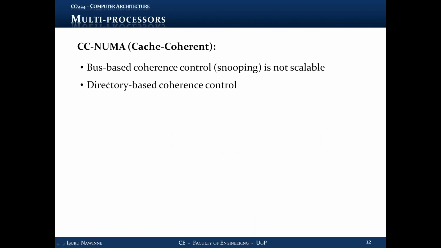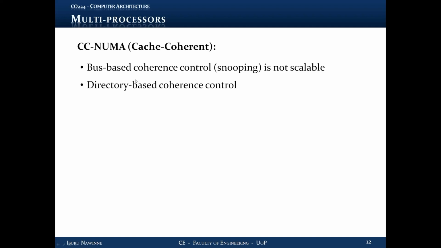We said earlier that bus-based coherence control, snooping, is not highly scalable. It's practical only up to a limited number of processors, say 32 processors.